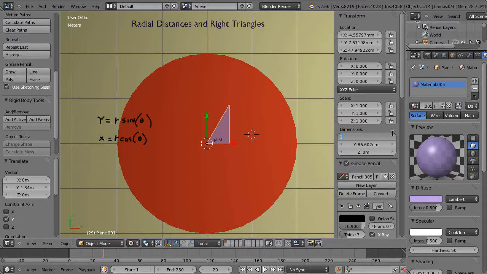So it's going to be 2 times the cosine of pi divided by 3, and this is going to be 2 times the sine of pi divided by 3. And there it is. Now our hypotenuse has a radius of 2.